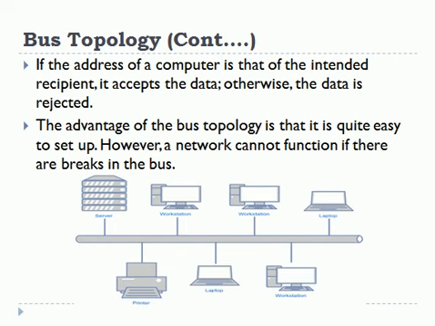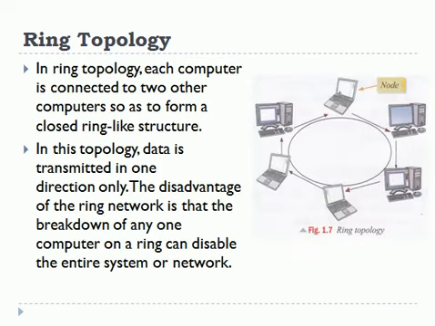The next topology is the ring topology. What is the ring topology? Ring topology is the pattern of connecting a network in which each and every node is connected to two other nodes. So each computer is connected to two other computers, and it forms a structure like a ring.